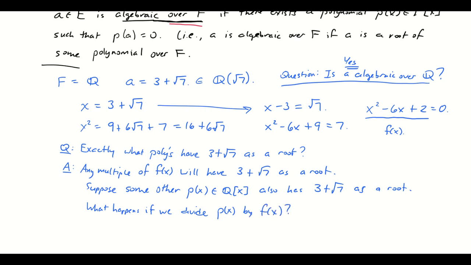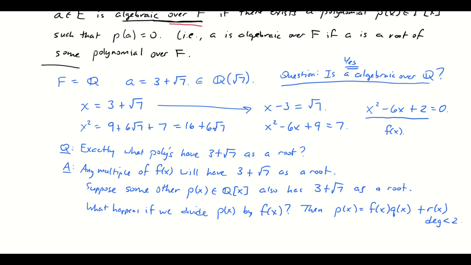What happens if we divide p of x by f of x? Then we get p of x equals f of x times some quotient q of x, plus a remainder r of x, whose degree is less than that of f of x, so the degree is less than 2.